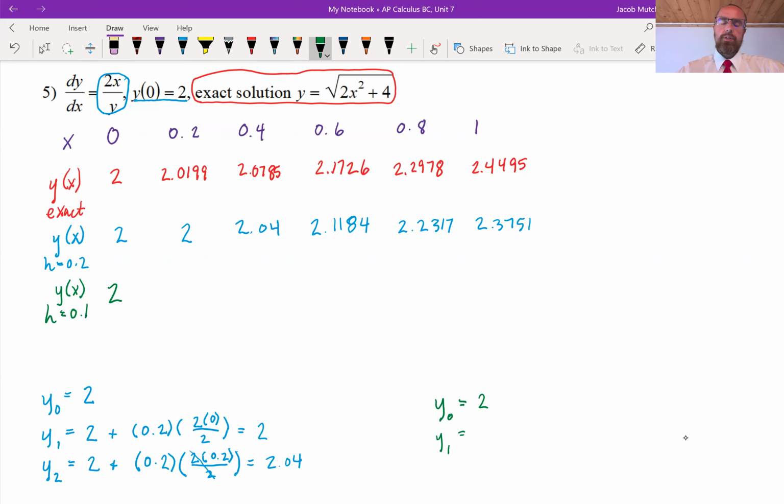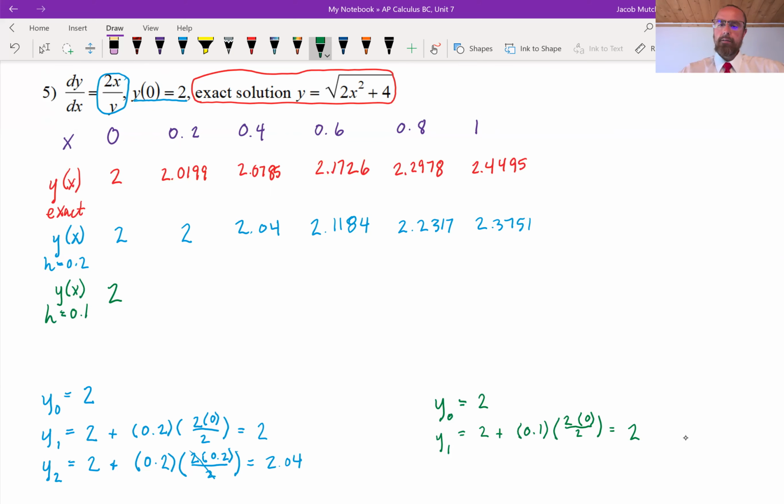So y sub 1 is going to be y sub 0, which was 2, plus the step value, which we've decreased to 0.1, times the function. So 2 times x sub 0, which was 0, over y sub 0, which was 2. So we're seeing the same thing here. That whole product quotient on the right cancels. This is just 2. But again, I'm not reporting that one.